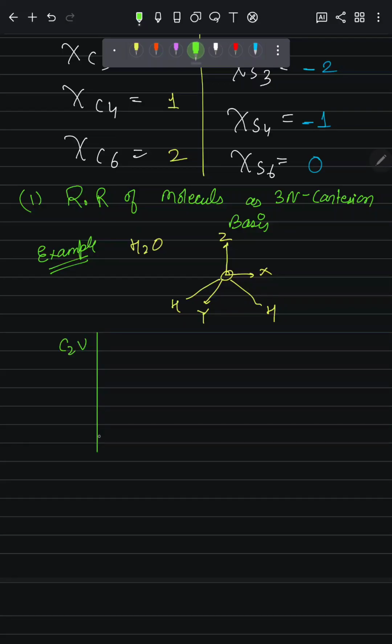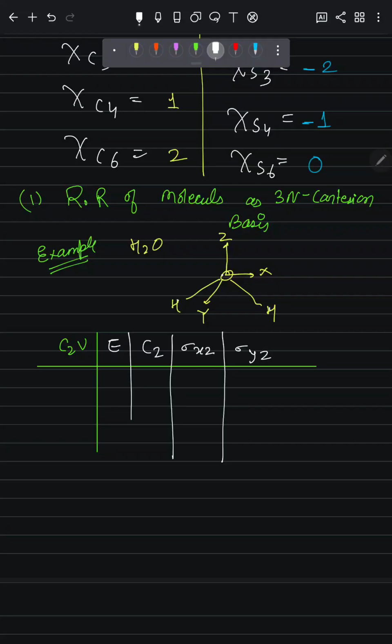So to write the character table, we have identity E, C2, sigma xz, the plane which cuts all these elements in parallel, and the other plane which is sigma yz. These are all the planes or symmetry elements present in the C2v point group of H2O.